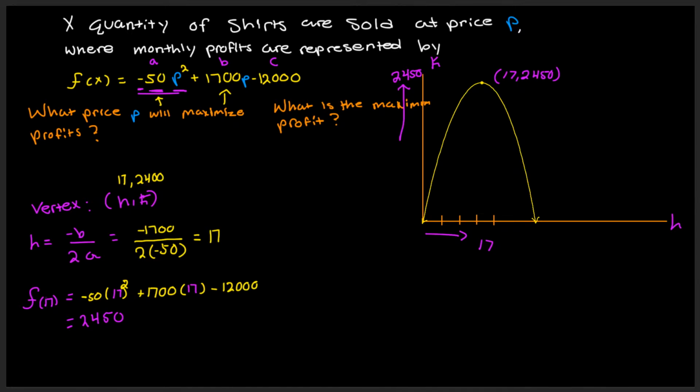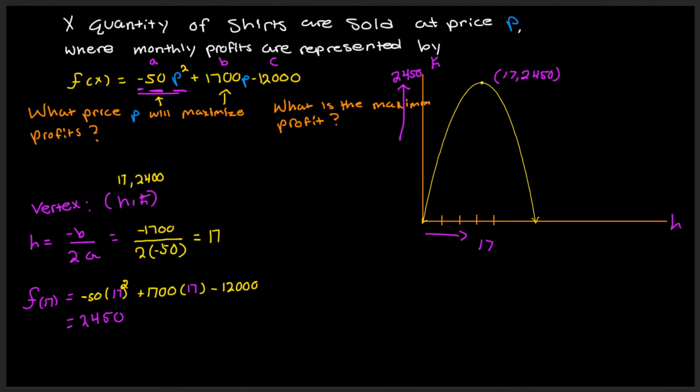So with that information, now you have to go back to your word problem. When you start with a word problem, you figure out the answer with math, but you have to present your answers as an answer to the word problem. Well, the answer to the question, what price P will maximize profits? Well, you found out that the 17 will yield you your vertex or your maximum of your parabola.